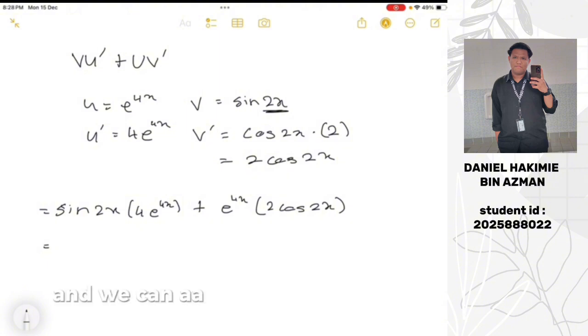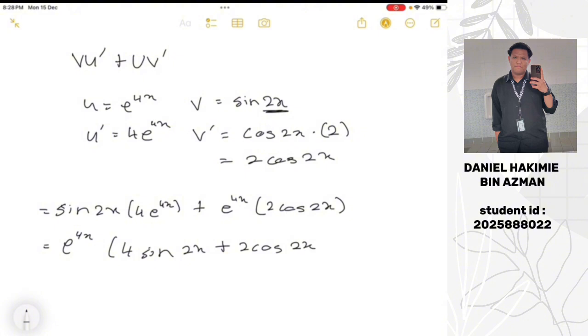Then we can factorize, so we get e^(4x)(4 sin 2x + 2 cos 2x), and this is u' for the quotient rule.